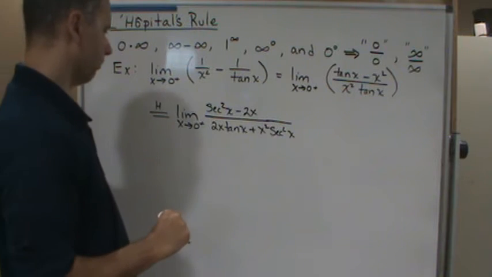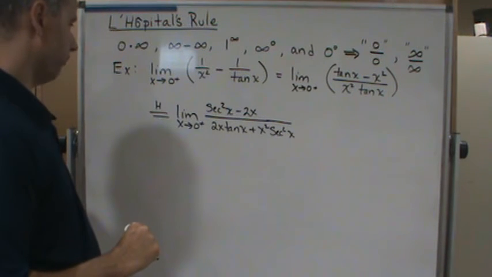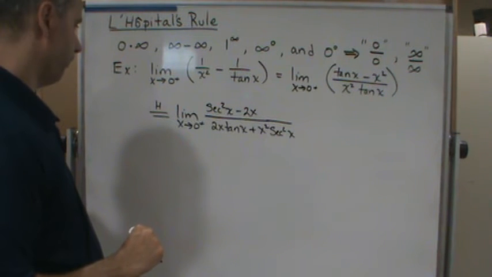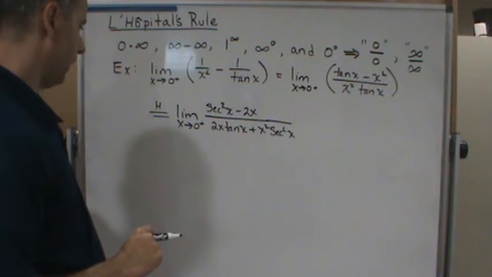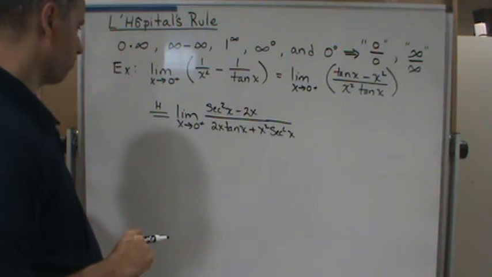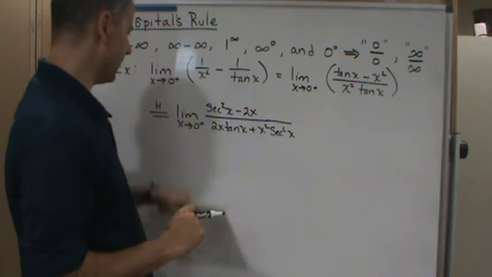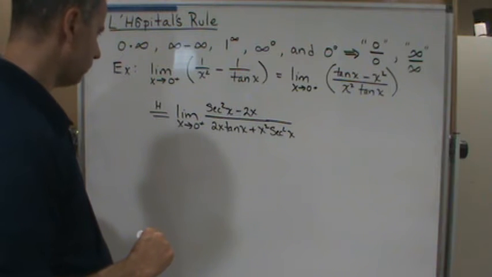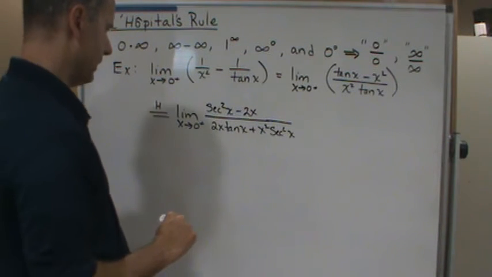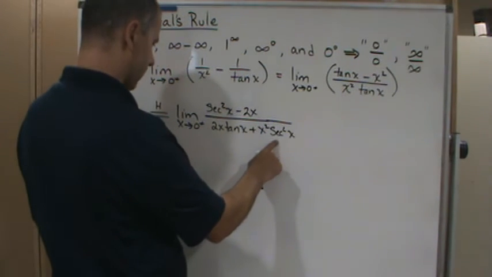Okay, now, well, let's just see what happens. So I got a secant squared x.